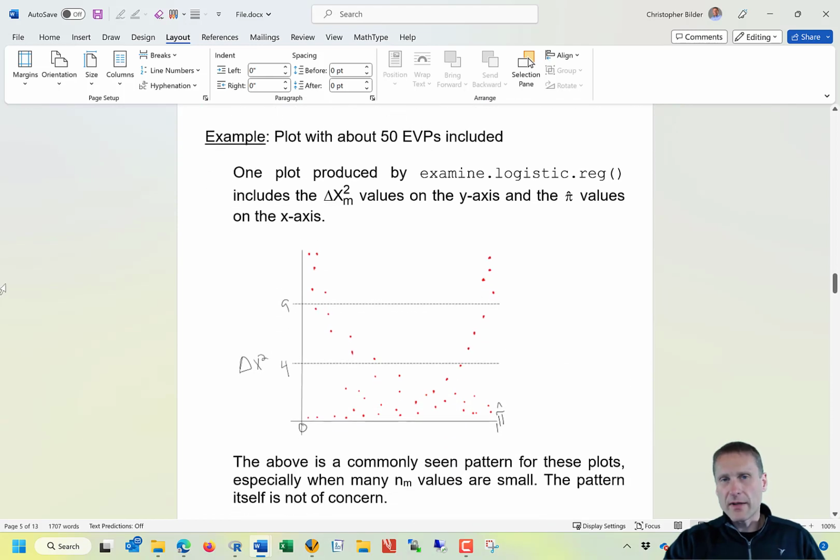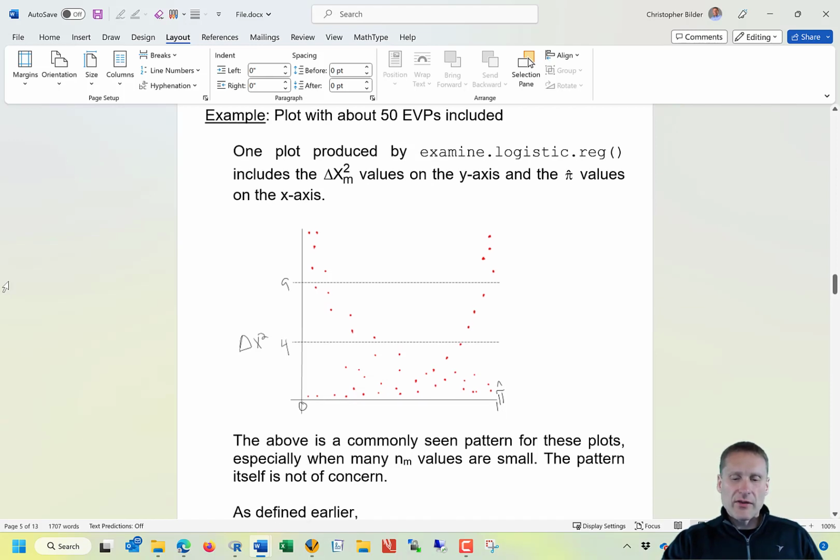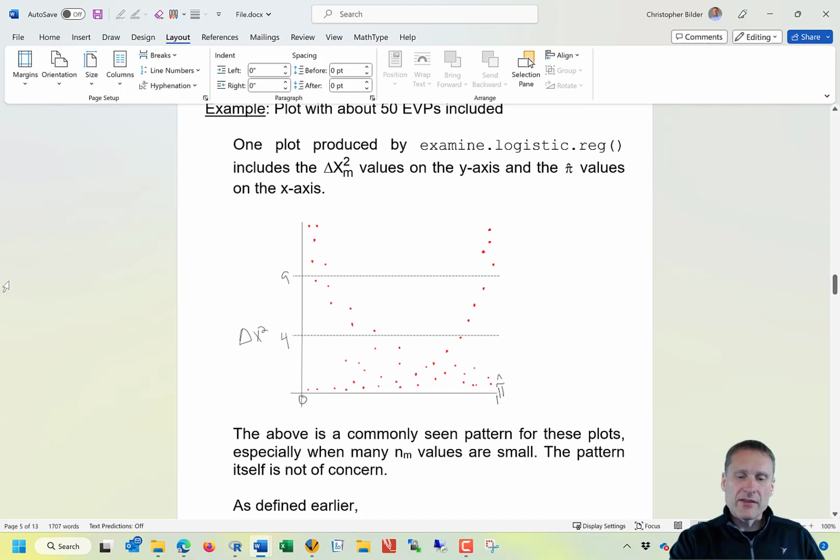Okay, before we get to that function, let me talk about one particular plot that's actually produced by this function. And it looks like this. So we have the delta X squared. Of course, remember, that's the standardized Pearson residual squared. It's plotted against pi hat. Now, in the past, we've actually seen a plot that looked like this. We had pi hat. We've had the standardized Pearson residual there. Let me draw a line here at 3. Let me draw a line here at -3.